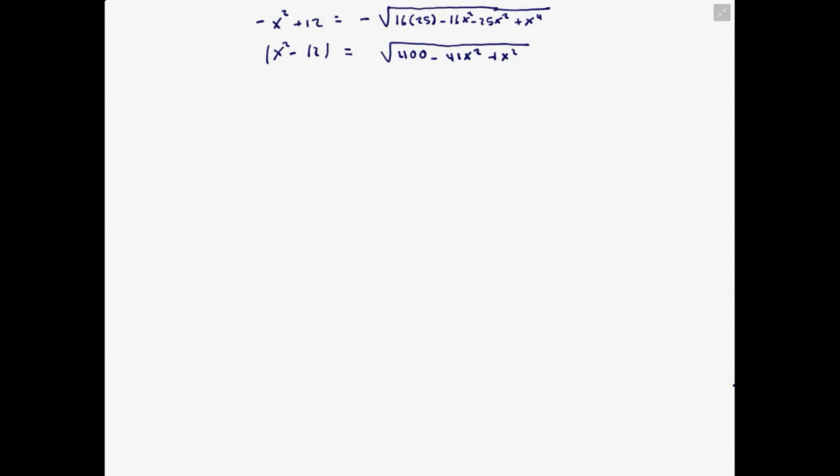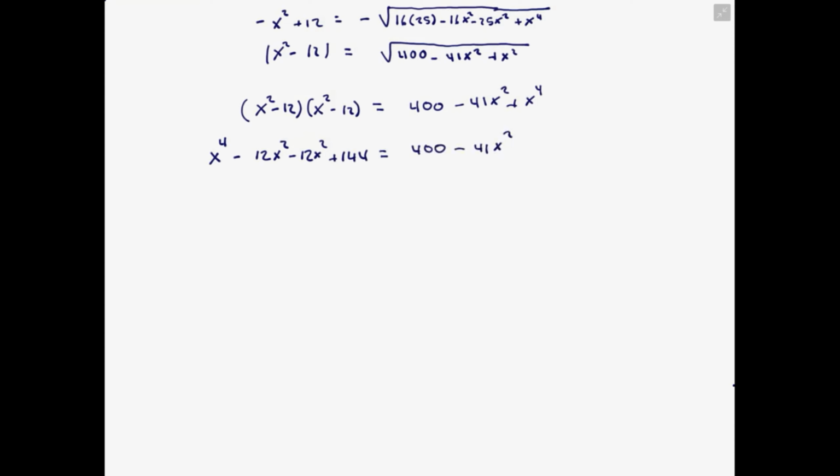If we square both sides, we got x squared minus 12 times x squared minus 12 equals 400 minus 41x squared plus x to the fourth. And now we got x to the fourth minus 12x squared minus 12x squared plus 144 equals 400 minus 41x squared plus x to the fourth.